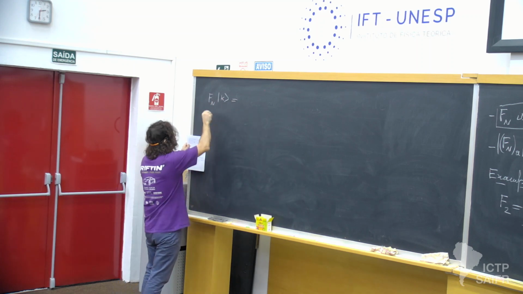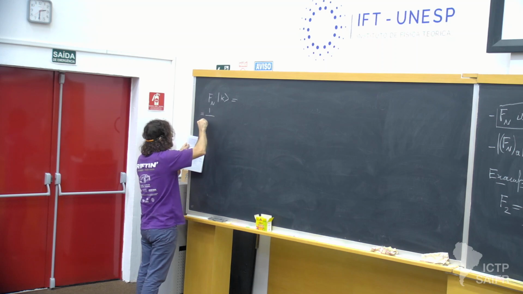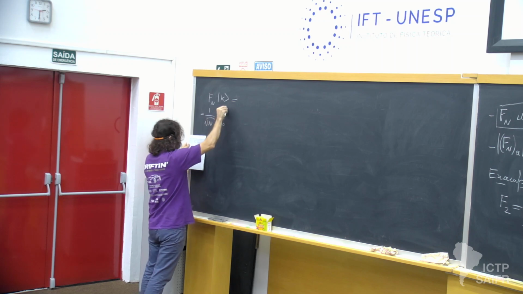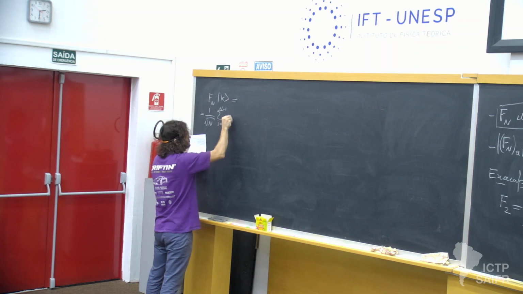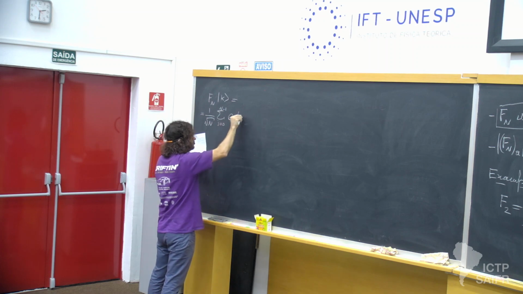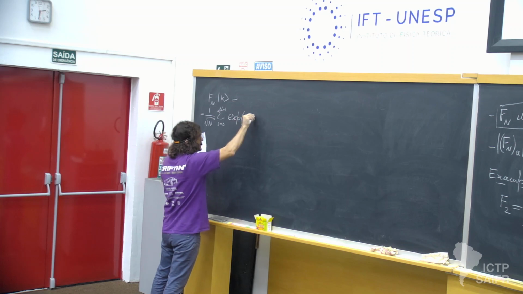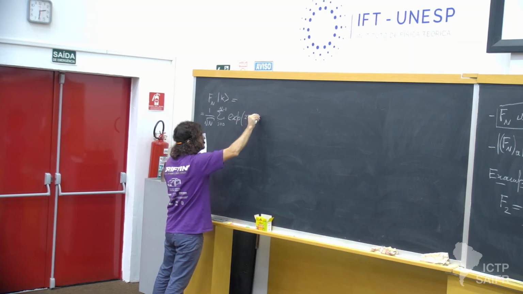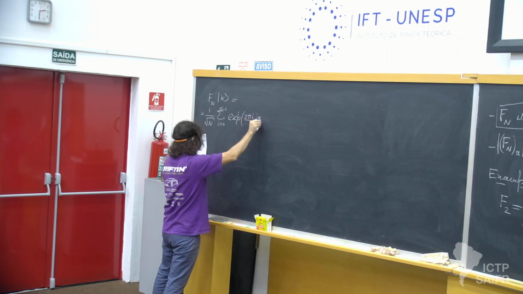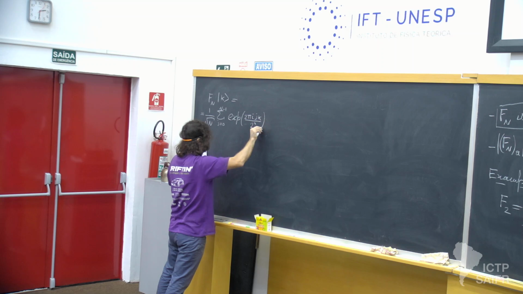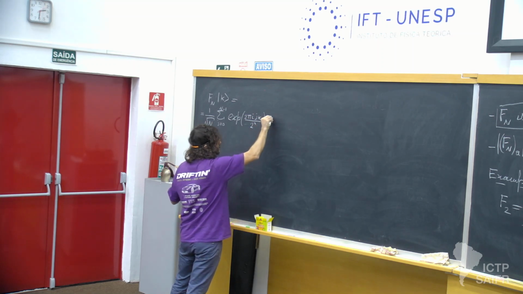This becomes 1 over square root of n, summation j from 0 to n minus 1, exponential of 2 pi i j k divided by 2^n, acting on j.